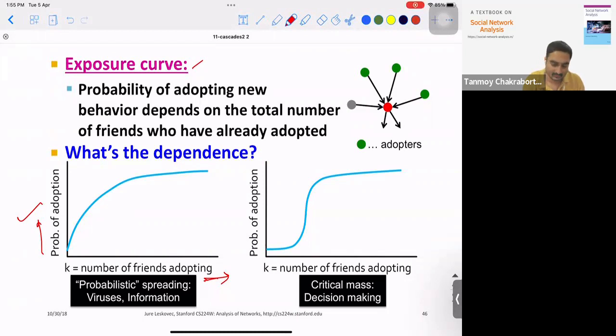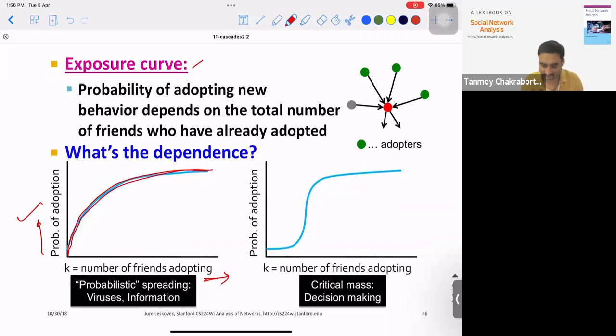If you think of a probabilistic model, where each node has a probability, you will see this kind of exposure curve. This exposure curve indicates that your model is a probabilistic model.